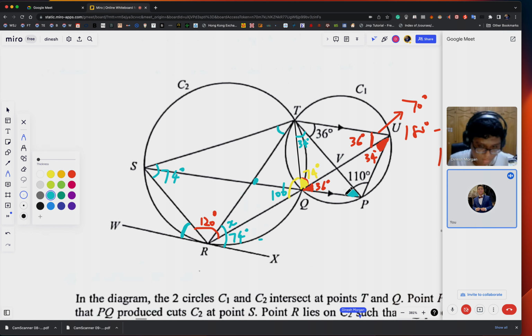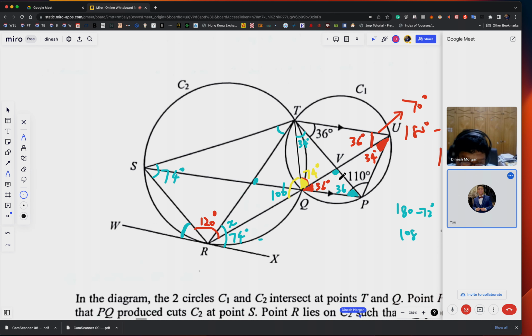I think we start to get all of it. Then this one is 72, so it's 180 minus 72. That's 108, right? This is 108. Yes. And this is 72.